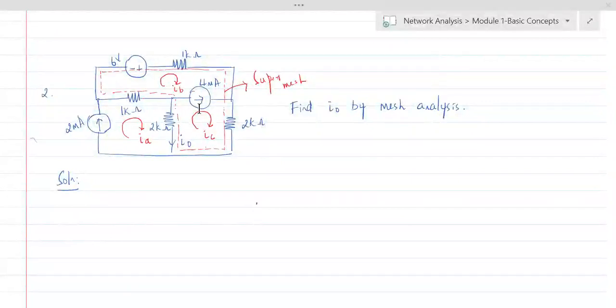But how many KVL equations are needed is what we need to look at. There are 3 meshes, so we have marked 3 mesh currents: IA, IB, and IC. Mind you, the IA, IB, IC that I have marked in red color are not given in the question. Simply the circuit is given, and we'll be marking currents IA, IB, and IC.